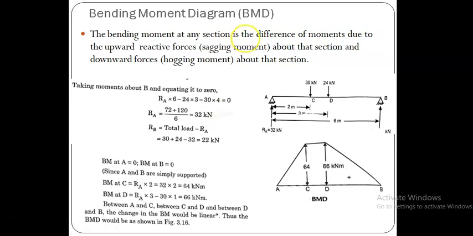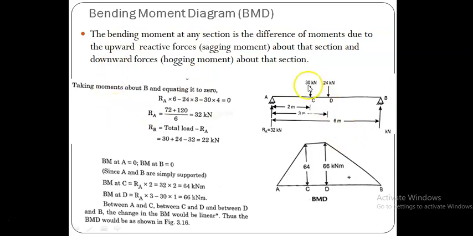It can be calculated as the net moment at any section. The net moment is calculated as the difference of sagging bending moment and hogging moment with respect to that section. That's all.